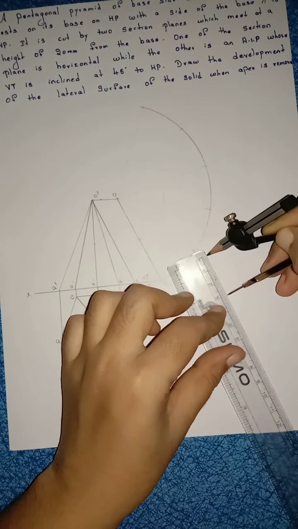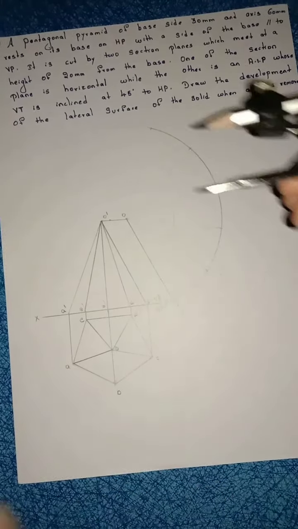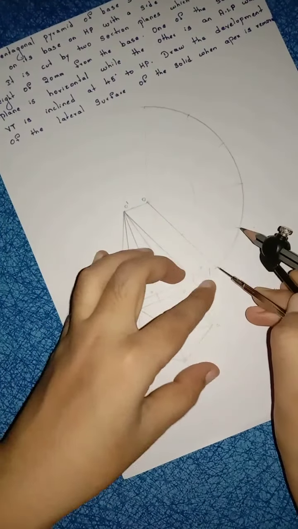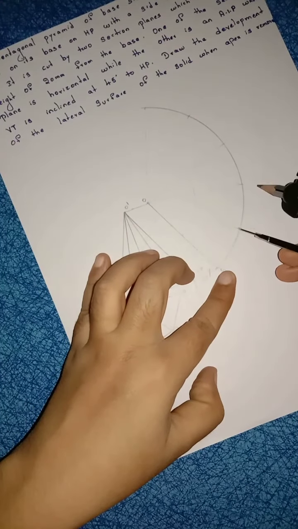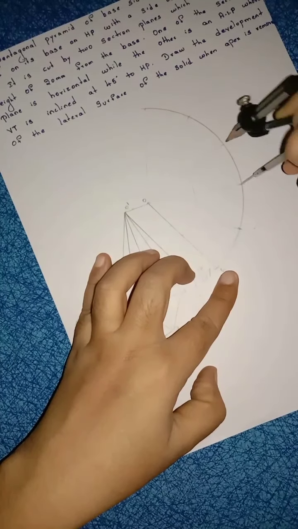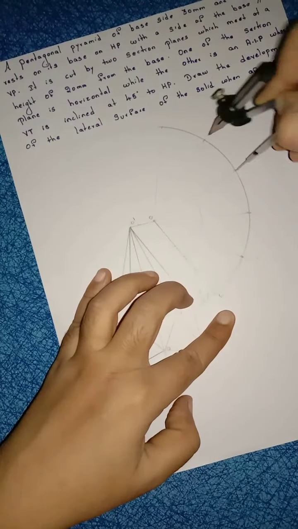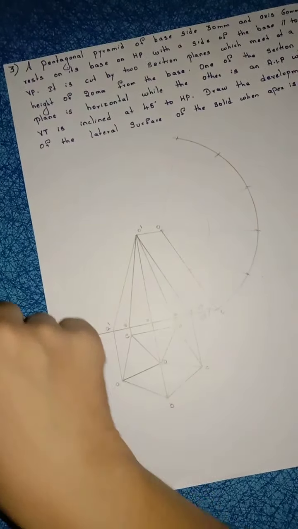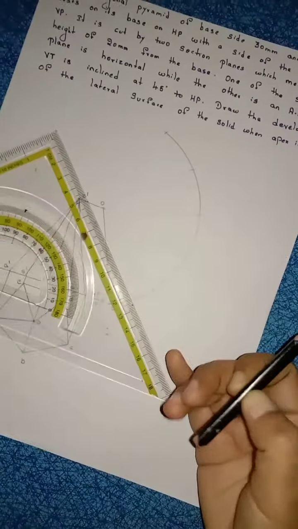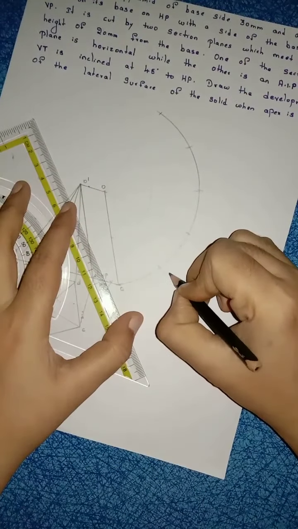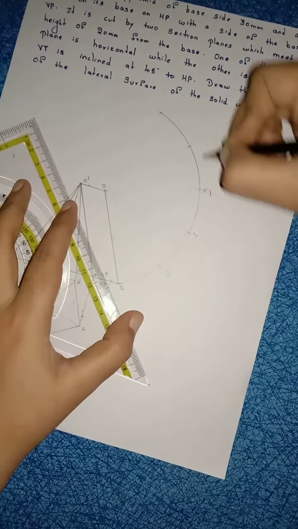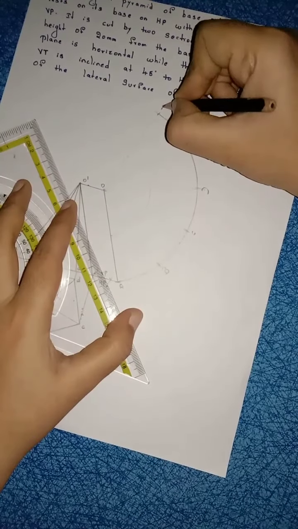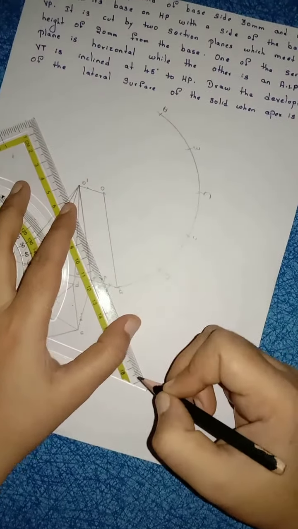So I keep my compass here, 1, 2, 3, 4 and 5. I am taking 30 mm distance and dividing the arc into 5 equal parts. Name these A, B, C, D, and the last point and first point should be the same.